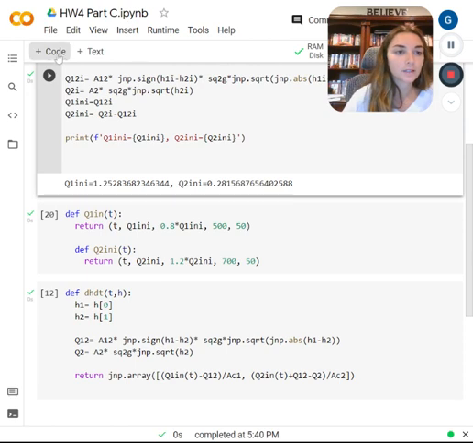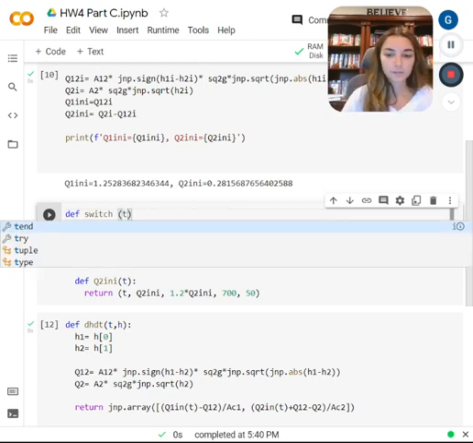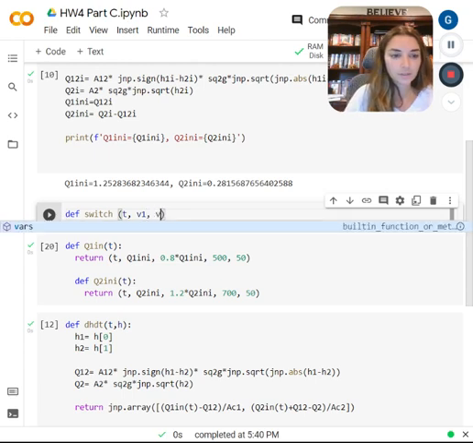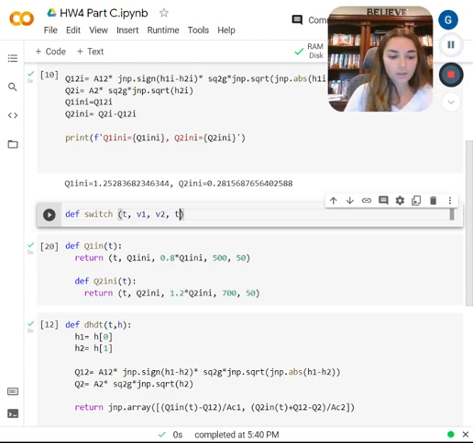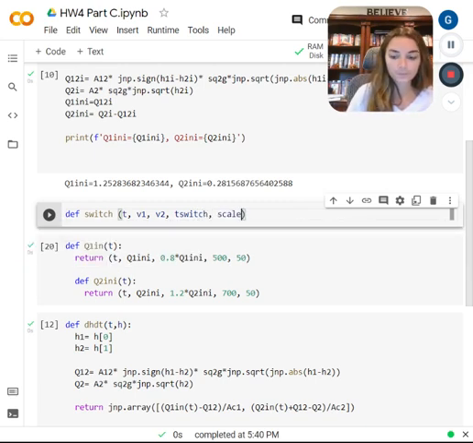We also need to define our switch function. For T, our volume in tank 1, our volume in tank 2. Call it T switch, time switch, and give it a scale.